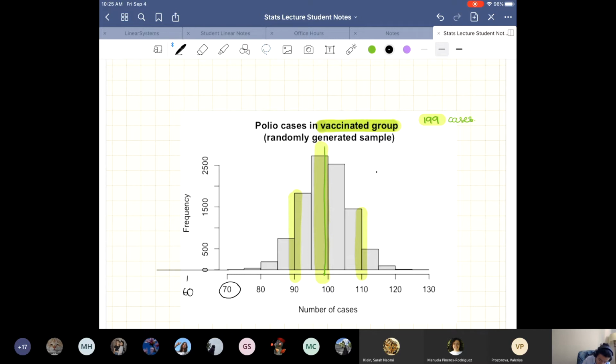So if 60 is around here, we were trying to see how many times we could get 57 cases just by random chance. What we were trying to determine is how likely it was for me to get 57 cases in the vaccinated group just due to random chance. Can I see a show of hands for everybody that understands this, please?